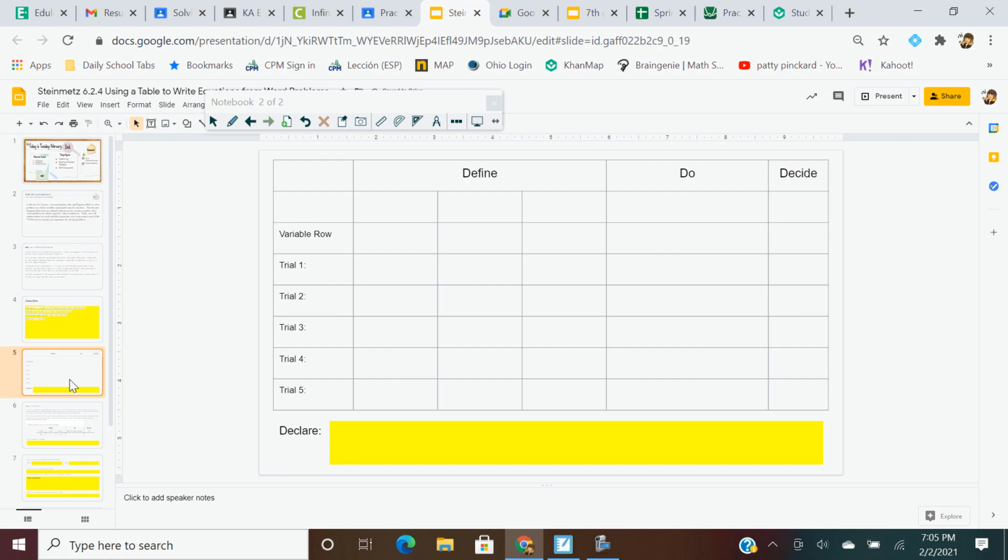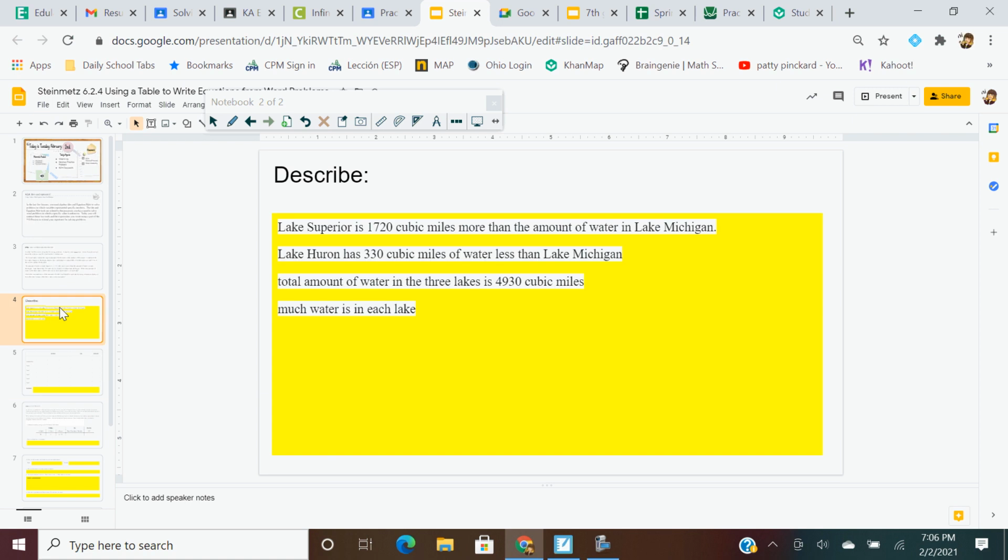Okay, so then we have to set up our 5D table. Instead of setting up the whole thing where we do the trials, which we could do a couple of, and we did do that in class today to show the idea that these types of problems are complicated and we don't want to have to set up trials to do all the different things. It tells us about Lake Superior and it depends on Lake Michigan. Lake Huron also depended on Lake Michigan.